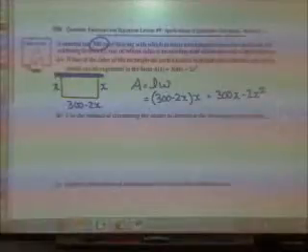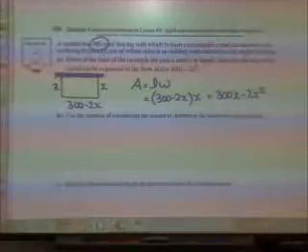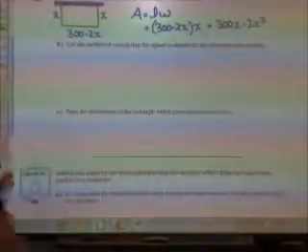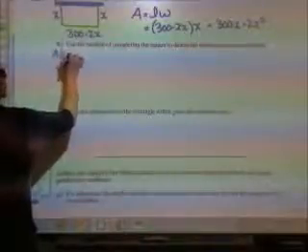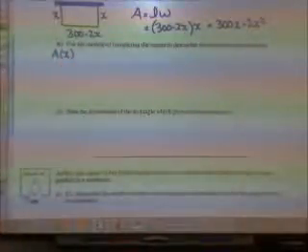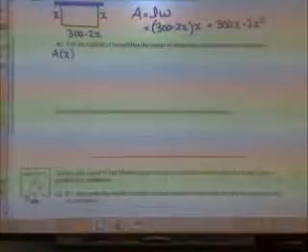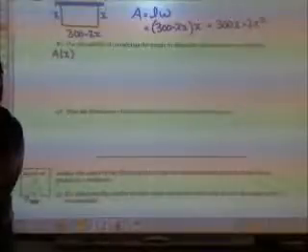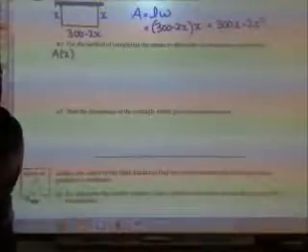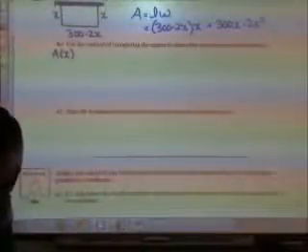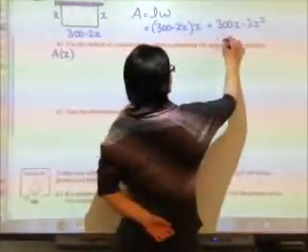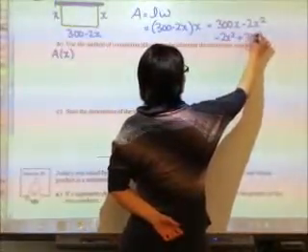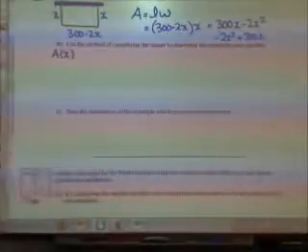Part B says use the method of completing the square to determine the maximum area possible. So if I want to complete the square, what would I start off by doing? Would it be better if I wrote the equation like that?